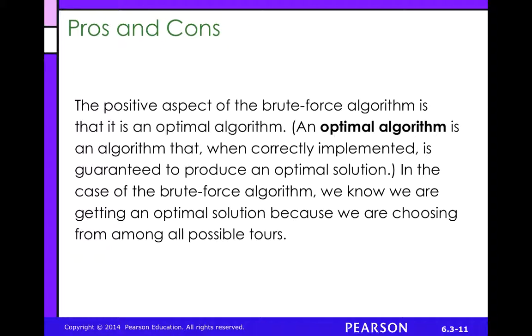So in the case of the brute force algorithm, we know we are going to get an optimal tour. And we know that because we're looking at all possible tours and just choosing the best one. So the pro of using the brute force algorithm is that it's optimal. It will give you the best answer. And that's what you want, it'll give you the correct answer.